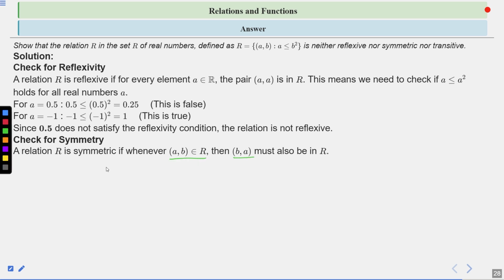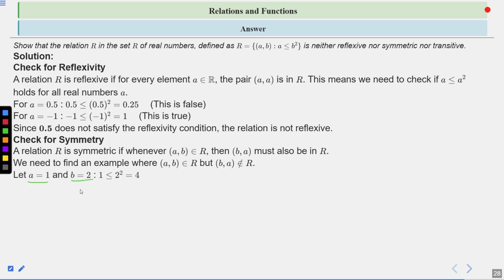Now for symmetricity, if (a, b) belongs to R, then (b, a) must be in R. We just have to find an example where (a, b) belongs to R, but (b, a) doesn't belong to R. So if you pick a as 1, b as 2, then 1 is less than or equal to 2 squared. Indeed true.